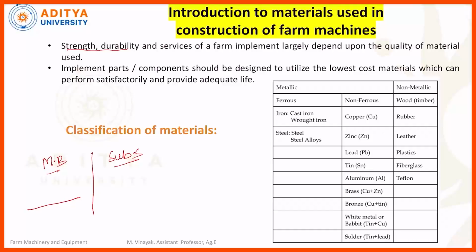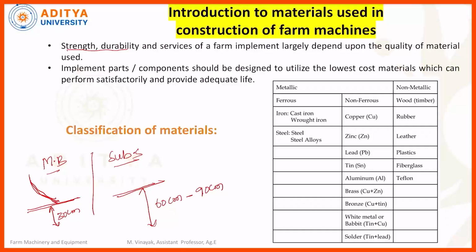So this moldboard plow can plow the land, with this line being the earth surface. A moldboard plow can plow the land up to 30 centimeter depth, whereas a subsoiler can plow the land from 60 centimeter to almost 90 centimeter depth.